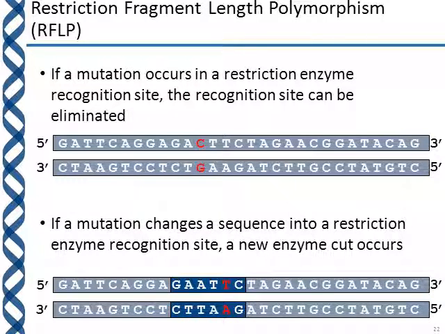However, if a mutation occurs where that C is now converted to a T, you now have the EcoR1 recognition site, the GAATTC site, such that EcoR1 can bind and cleave the section of DNA.